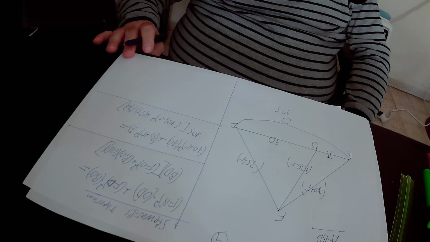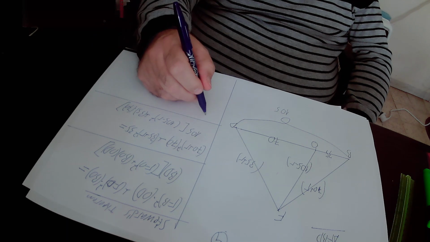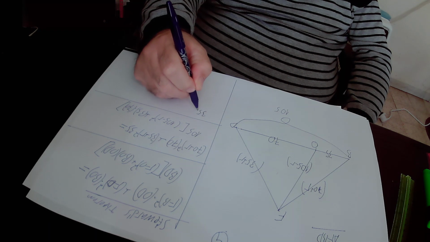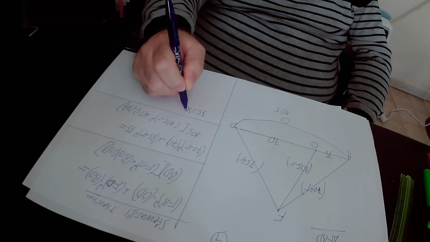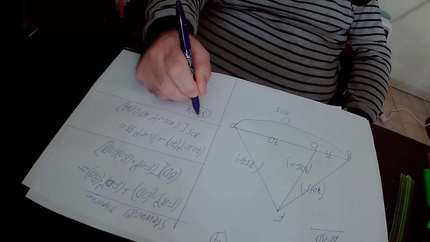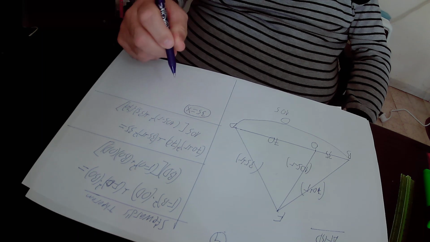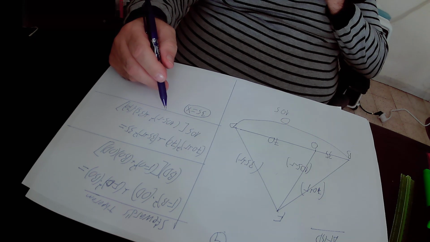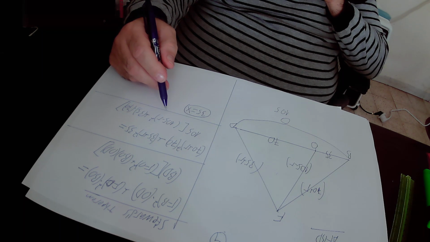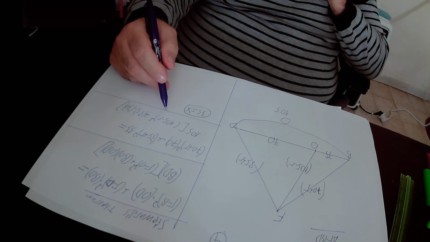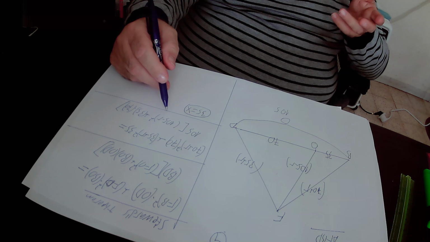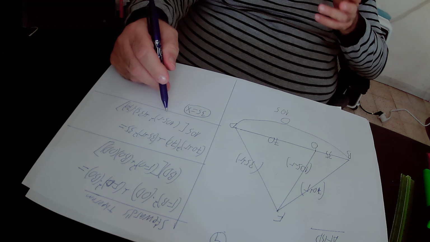In the next step, we'll define the number 35 as x. 35 equals x according to our definition, and we'll substitute in this equation any number that is equal to 35, or any multiplication of 35 by a natural number.